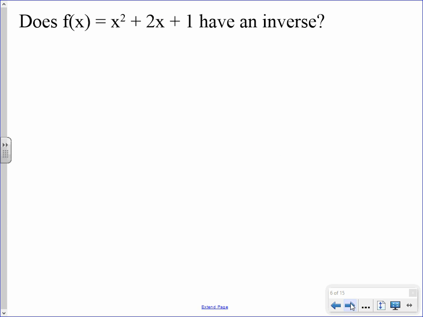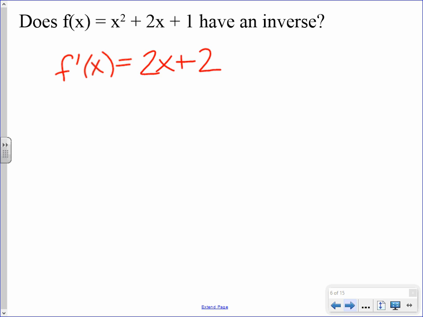So here's our first example. Now, some of us can tell without calculus what's going to happen. Michael, what's our derivative? 2x plus 2.